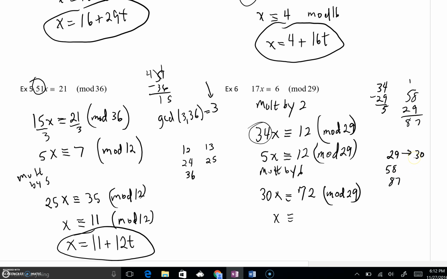Why do I bring that up? Rather than having to do long division, you could say, well, look, 72 is close to 87. And it's between the 58 and that right there. Now, it can help you out in one of two ways. It can help you out in actually doing long division.